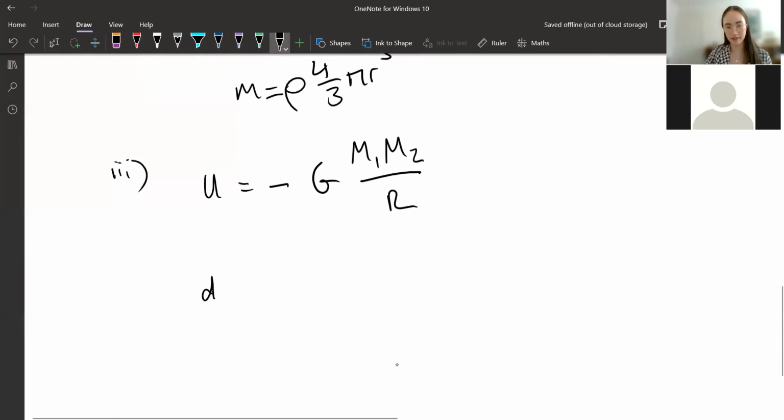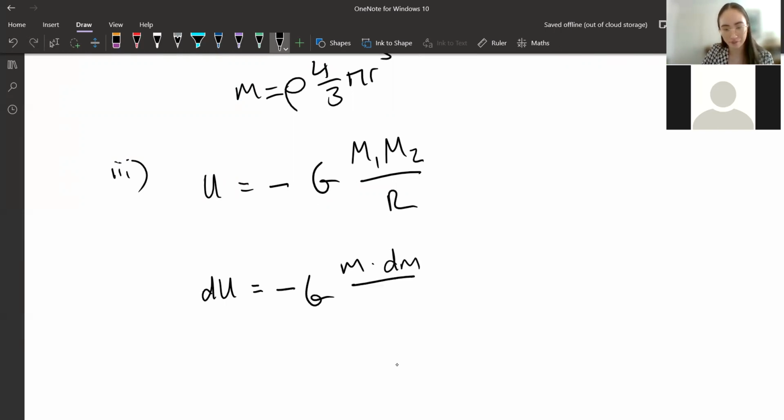And we'll call this dU because we're going to have this term dm from that little thin coating around the outside. So that's negative G, M1 is just the mass of the sphere M, and M2 is dm, over R, the radius of the sphere.